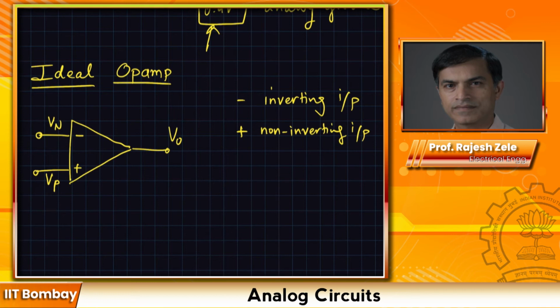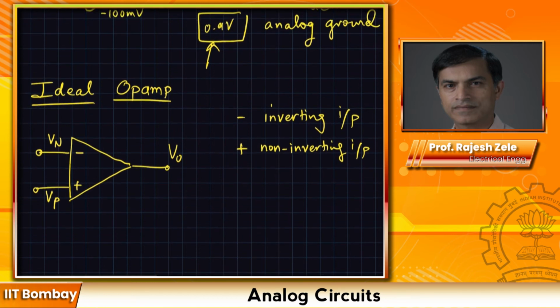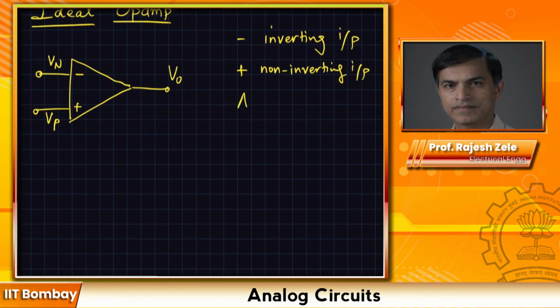Of course, there is voltage gain between the two, which we specify as AV. This is your voltage gain. If you look at the model of this amplifier, let me draw the picture. We would model it like this: AV times (Vp minus Vn).